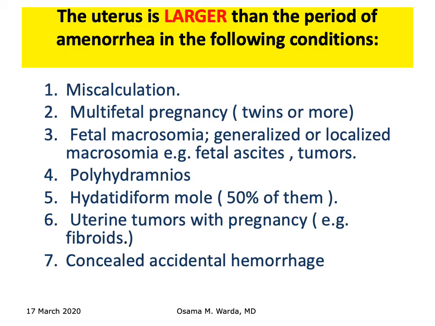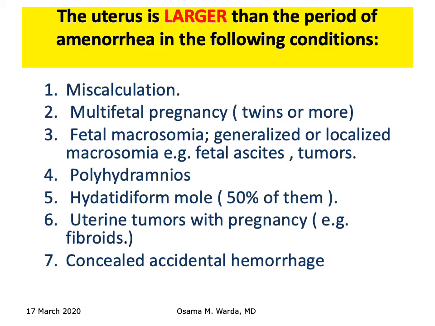The fourth cause is the increased amount of amniotic fluid, such as polyhydramnios. Hydatidiform mole, about 50% of cases of hydatidiform mole present with a uterus larger than the period of amenorrhea.